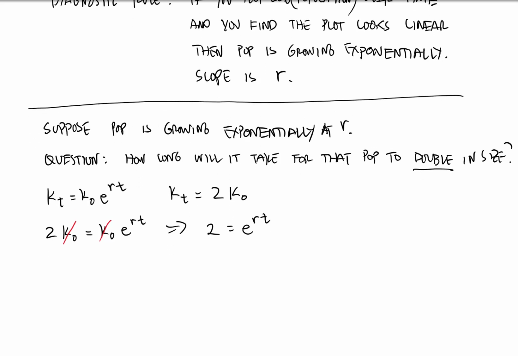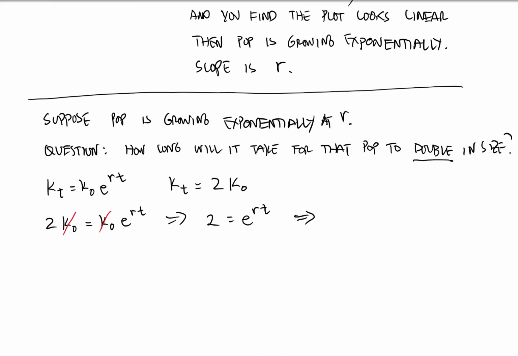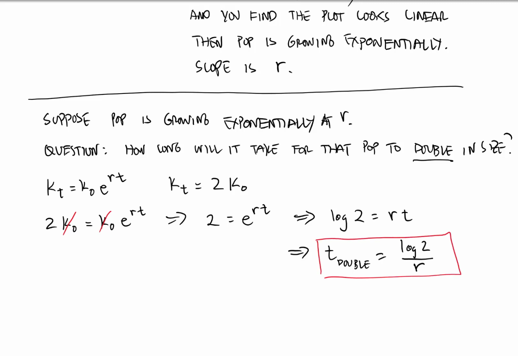How do we do that? We're going to take the logarithm base e, so that's just the log of 2 equals rt, and that means that our doubling time, t double, equals the log 2 divided by our growth rate, r. The logarithm of 2 is a constant.